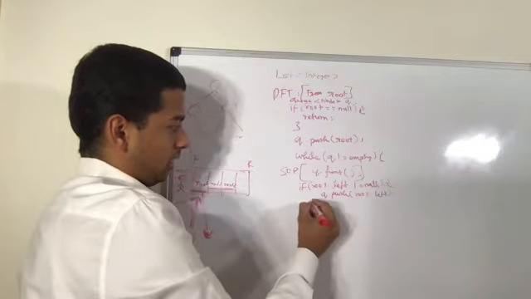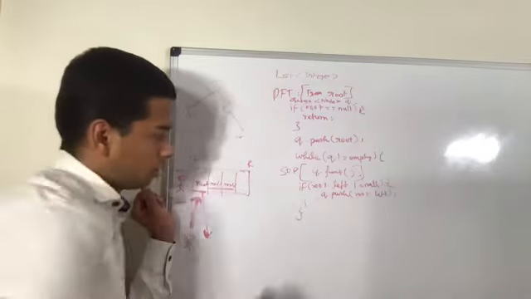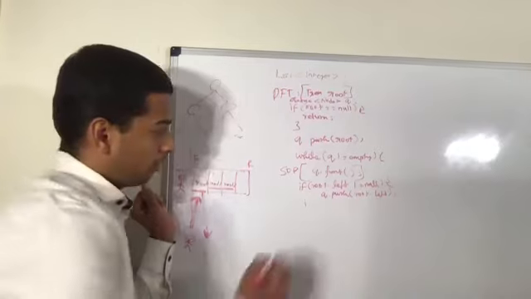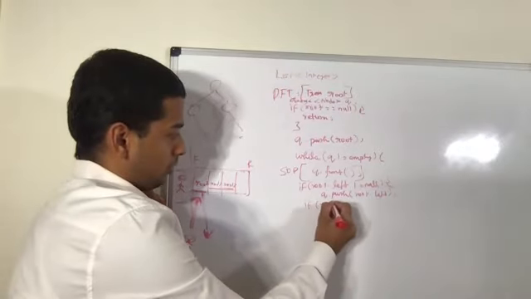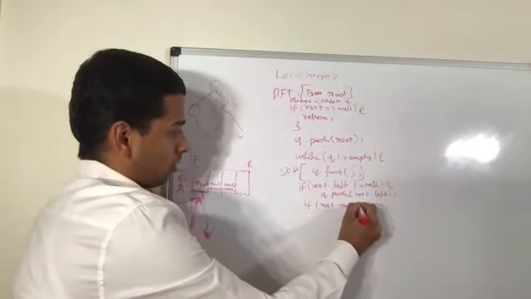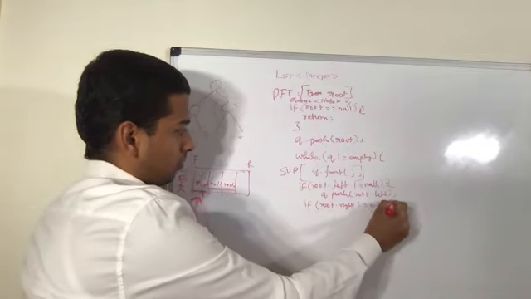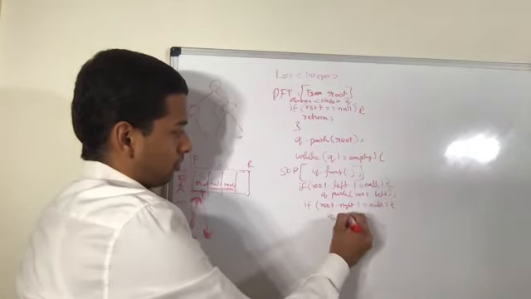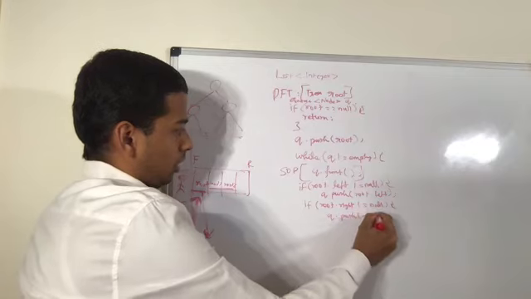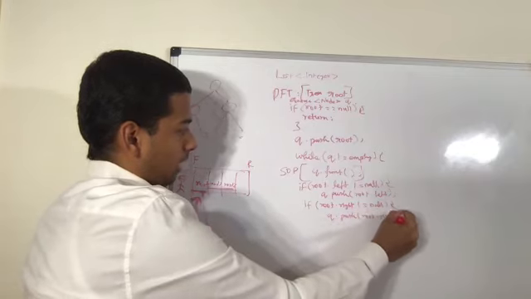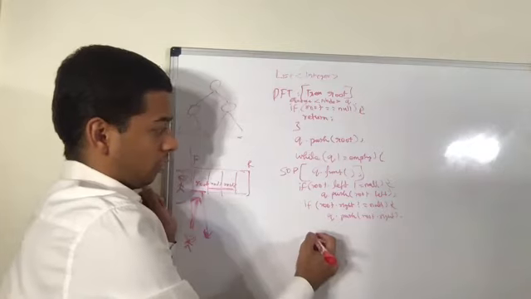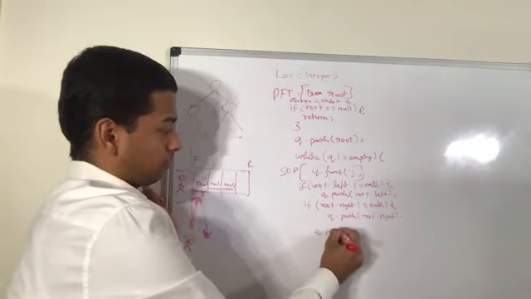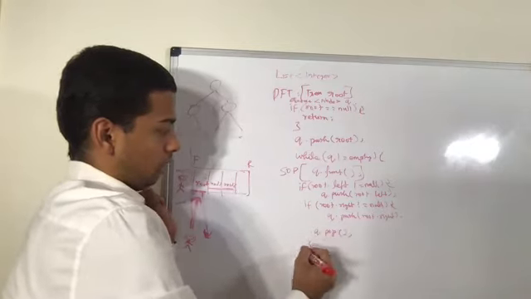Similarly, if root dot right is not equal to null, q dot push root dot right. I've pushed these two into the queue. Finally, I'll do a q dot pop.